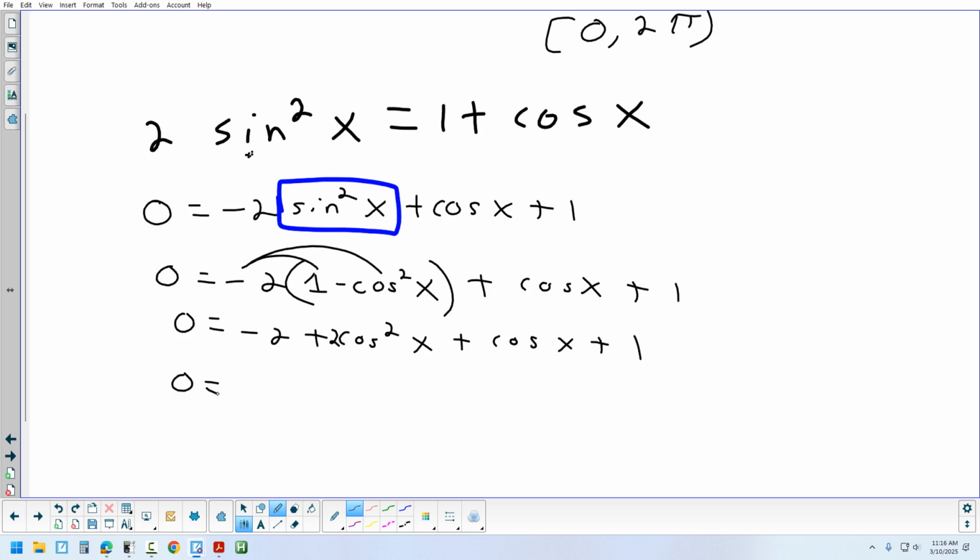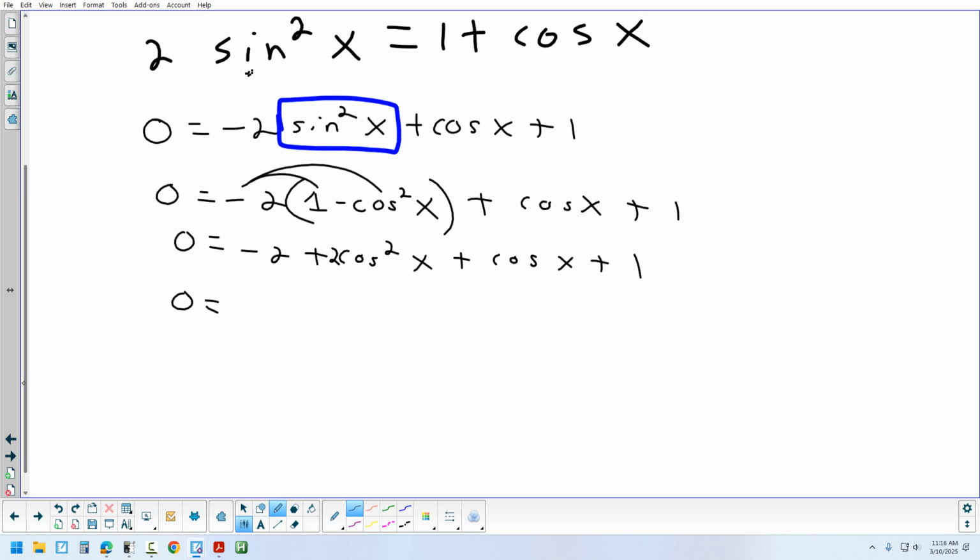Now it's exactly the same as the last problem. Put it in descending order, so squared term first, term that's not squared second. And what's my constant going to be? Negative 1.